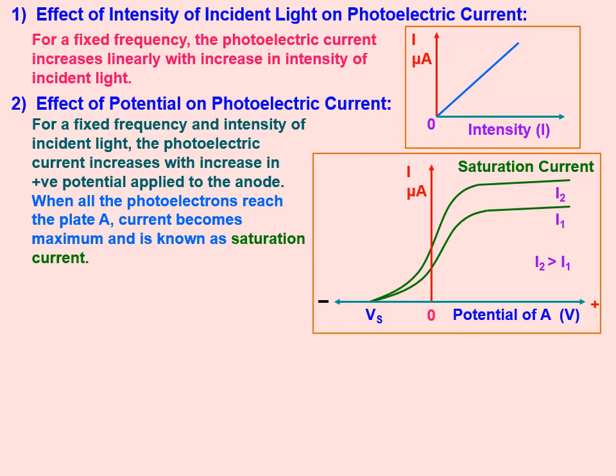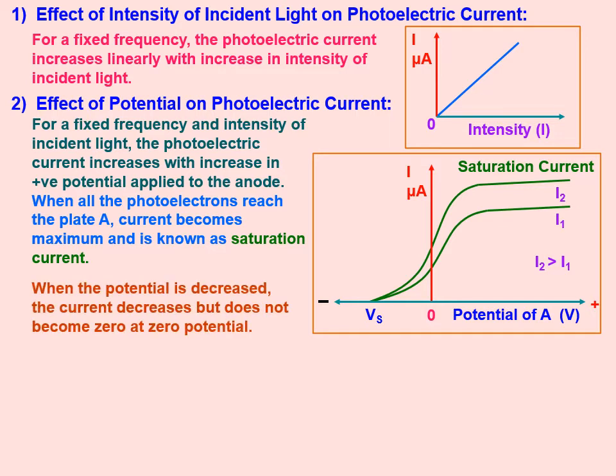So if we extrapolate this curve in backward direction, it will meet the negative x-axis at point Vs. This point is called stopping potential.